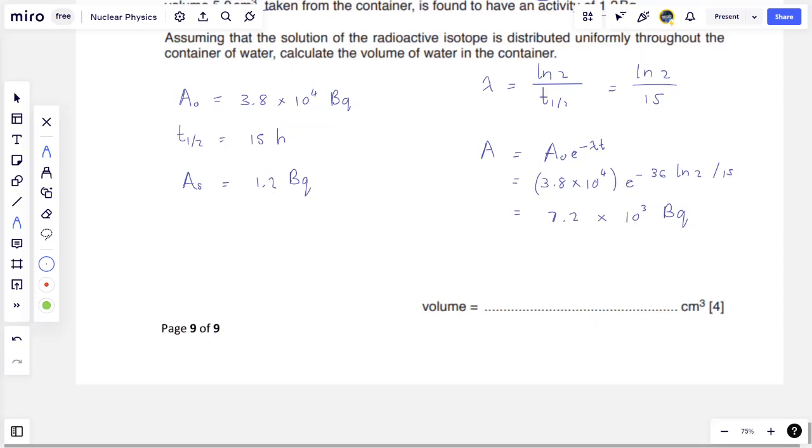What do I know? I know that the activity of the sample is related to the volume of the sample. If I have a larger volume, I'll definitely have a larger activity. I'll have more molecules in a larger volume. Seems obvious.